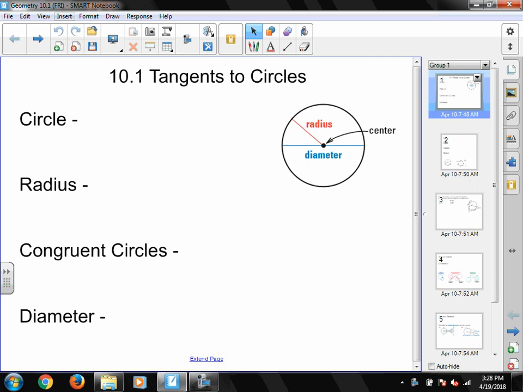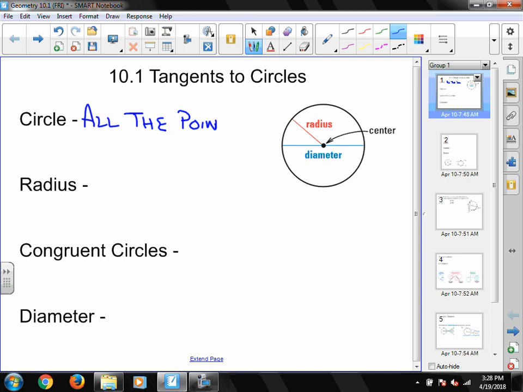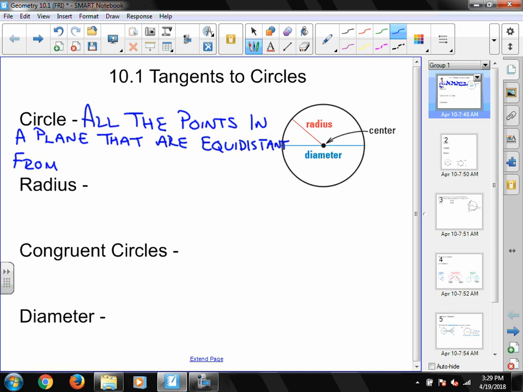But we're going to define a circle as all the points in a plane that are equidistant, meaning they're the same distance away from, a point called the center.